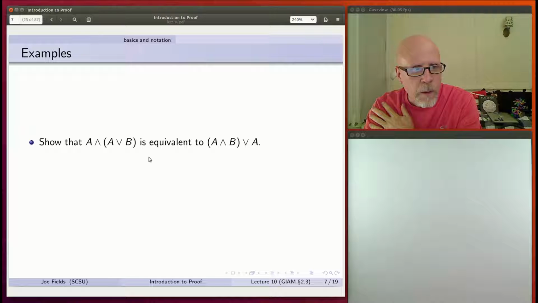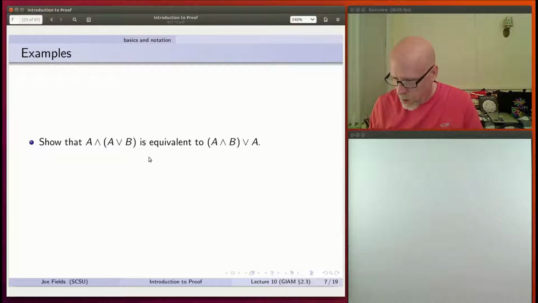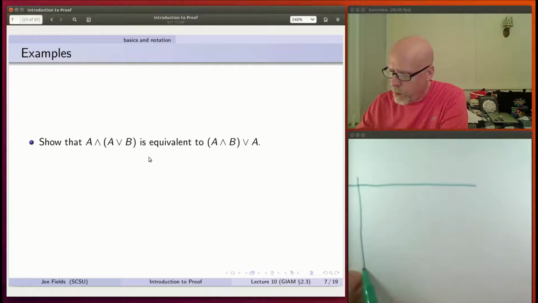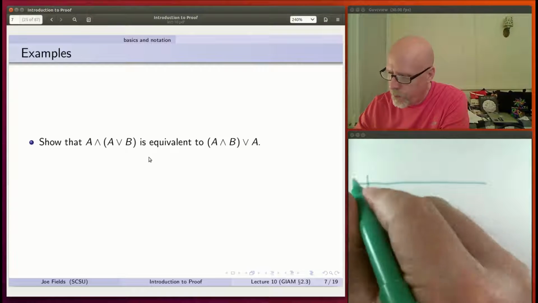So I've got a couple of examples to do via truth tables. Here's the first one. Show that A ANDed with (A or B) is equivalent to (A and B) ORed with A. That's a little bit hairy. Let me just go ahead and set up our truth table initial stuff as usual.